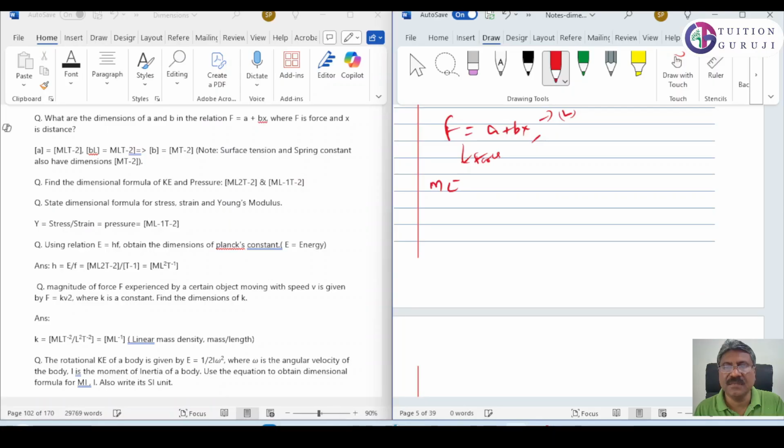We know that M L T raised to minus 2 is equal to A is equal to Bx. So B is equal to M L T raised to minus 2 divided by x. x is nothing but L, so L will get cancelled. The B is equal to M T raised to minus 2. Now again, A is equal to M L T raised to minus 2 itself.